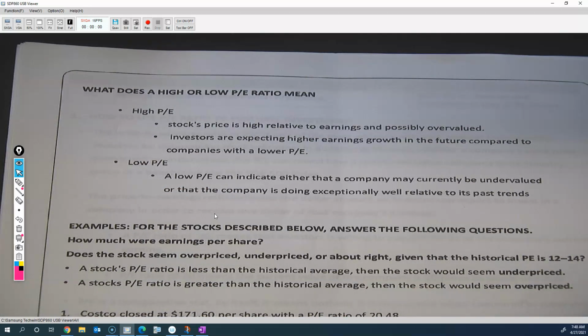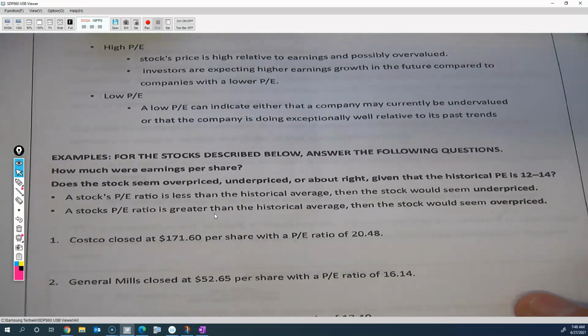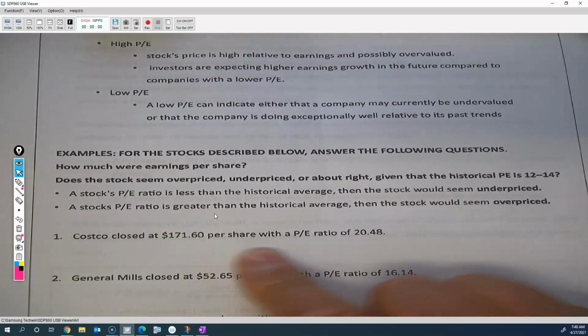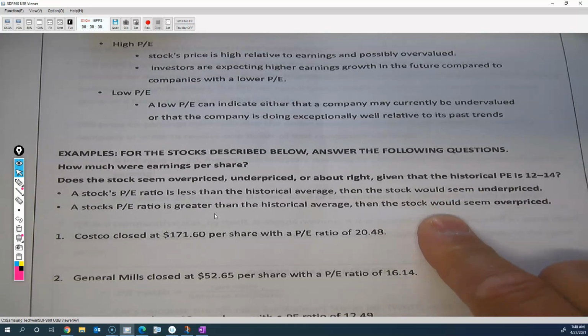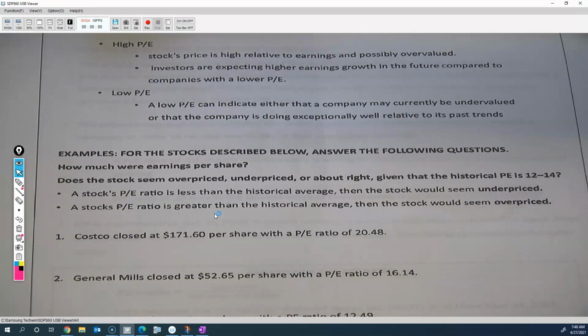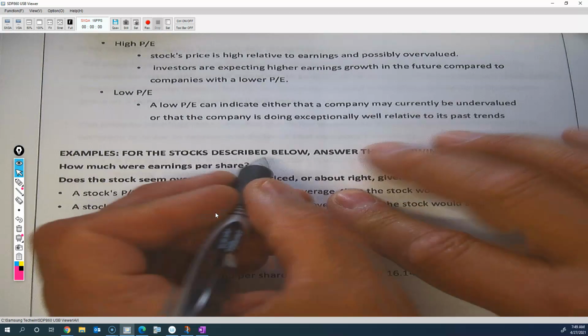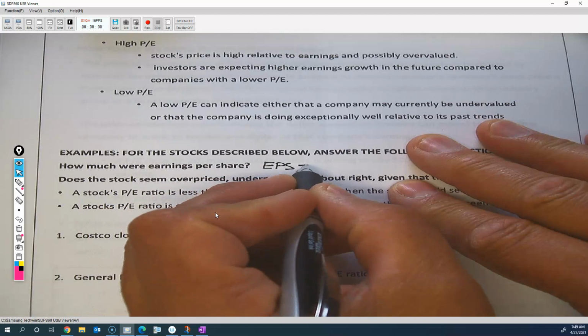So the way that we're going to use it is to figure out how much earnings per share a company makes. And then you're going to use it to figure out, is the stock that you're looking at overpriced, or is it underpriced, or is it just about right? Are you getting a good deal for the money that you're spending? So to do that, let's say we took Costco here. We want to figure out the earnings per share.